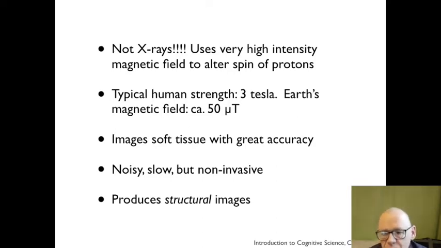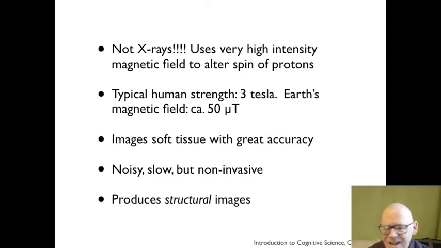Basically, what it's doing is using a very, very high intensity magnetic field to alter the spin of hydrogen ions or protons. The magnetic field used is vastly higher than the Earth's magnetic field. And from the interaction between the ions and the magnetic field, an image is produced.